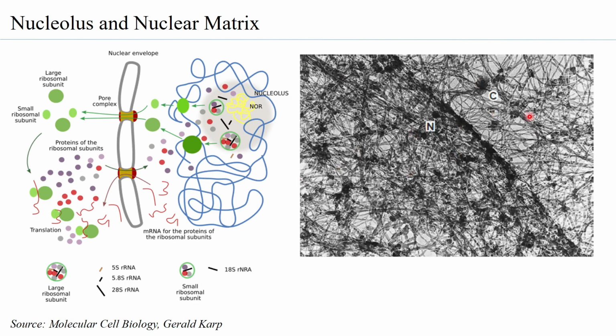This is a picture showing that just as you have a cytoskeleton in the cytoplasm, within the nucleus you have again a network of proteins which form what is called the nuclear matrix. And it is these proteins that become the support for RNA or DNA to bind.